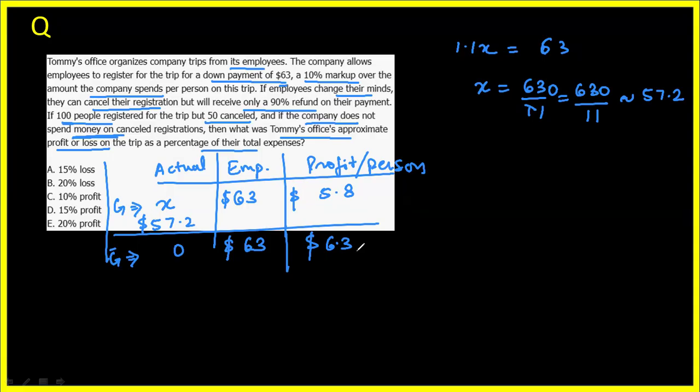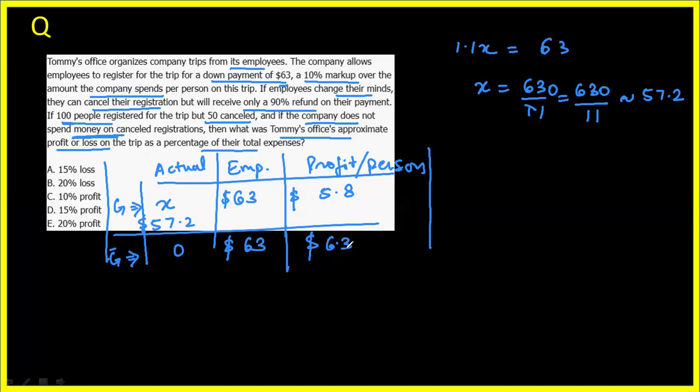So there are two cases. Case number 1, for those who have gone, the profit comes out to be $5.8, and for those who cancel after registering, the profit is $6.3.